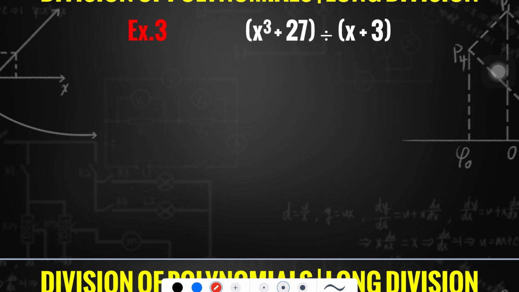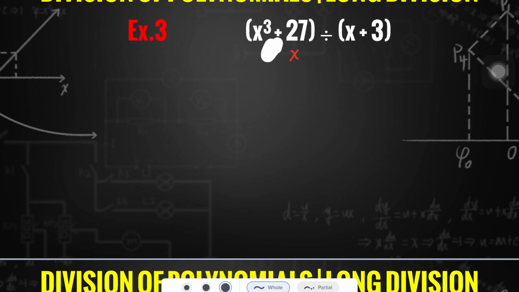So we have x cubed plus 27 divided by x plus 3. Notice we don't have powers of x squared and x. So the rule, we need to write it in descending order. There's no skipping. So how do we write it? Let me just erase this.